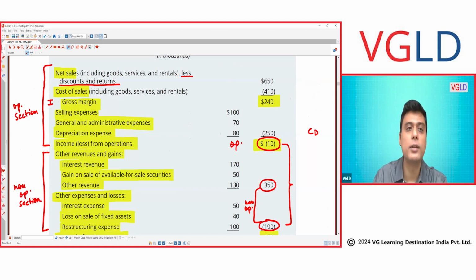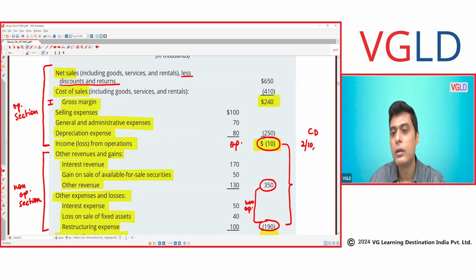Cash discount is written in a very different format. Like this: 2/10, net 30, which basically means pay within 10 days. If you pay within 10 days, then we will give you 2% discount. Or else you pay the full amount in 30 days.